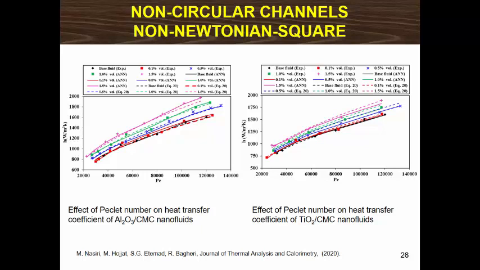The performance of nanoparticles for water is much higher than that of ethylene glycol. That is, the base fluid influences the performance of nanoparticles. Improvement in non-Newtonian nanofluid heat transfer in a circular tube is larger at lower nanoparticle concentrations, but it's inverse at higher nanoparticle concentrations.